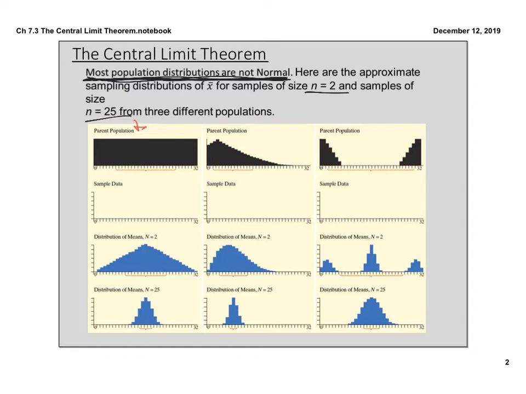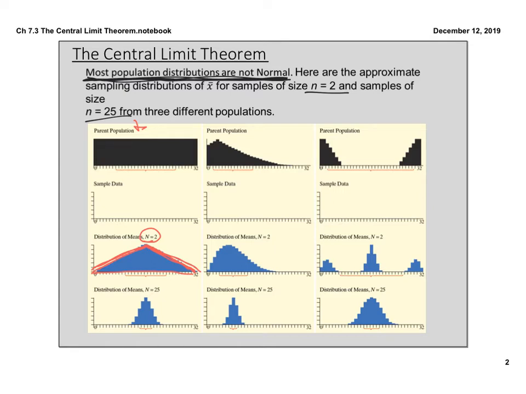So when you look at the sample data, if you've got a distribution of sampling means where n is equal to 2, your uniform distribution turns into something that looks kind of symmetric. I wouldn't call that normal because it's got a really pointy curve there. It's almost like an absolute value curve.